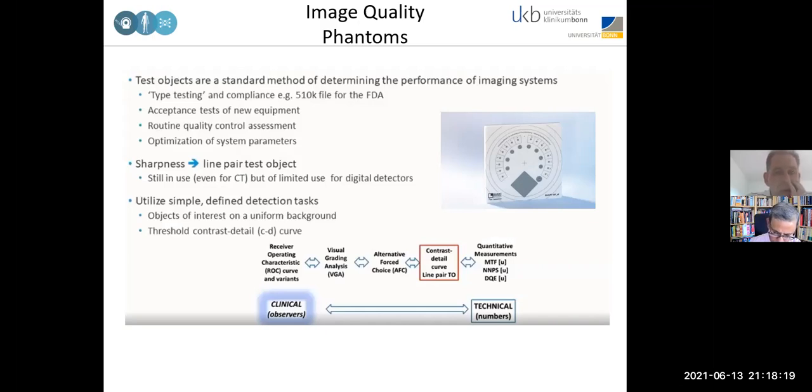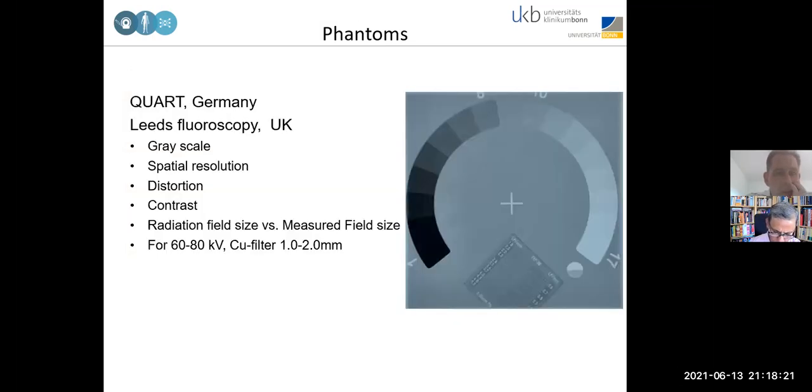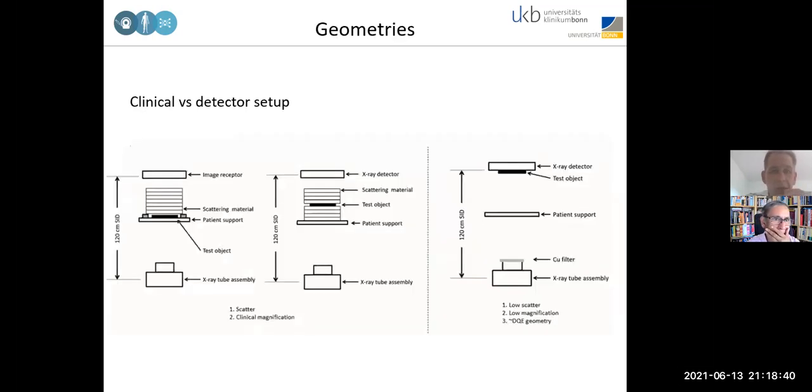The only new thing is that you have to look at the radiation field size, measured field sizes, and the spatial resolution on different views. The resolution at 0 degrees may not be the same as at 90 degrees, and you have to look whether this is correct or not.